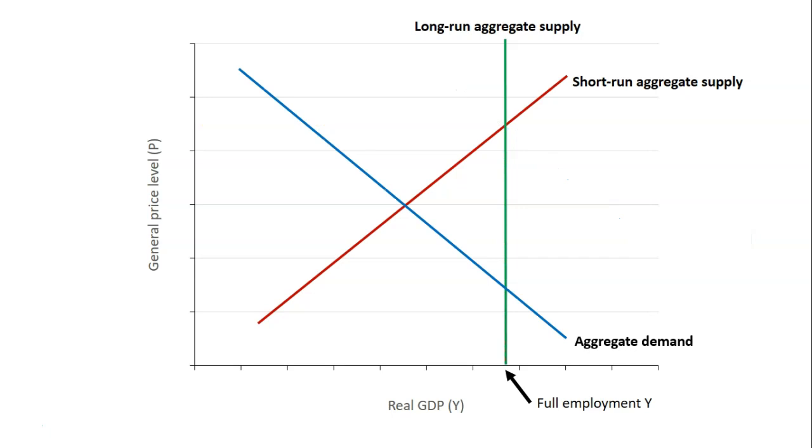The economy would gravitate to the new equilibrium of the short-run aggregate supply curve and the aggregate demand curve here. So then the economy would be operating at an equilibrium point below full employment. And we call the gap between those two levels of real GDP a deflationary gap, because we can see that the general level of prices fell, or the prices deflated.